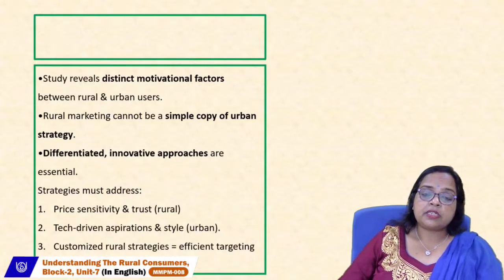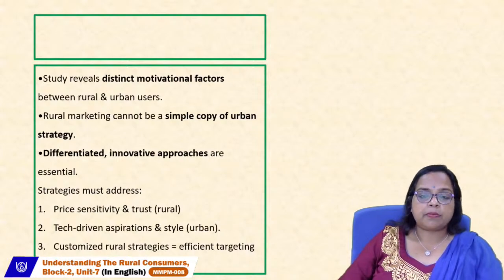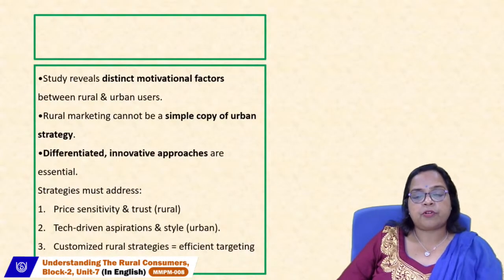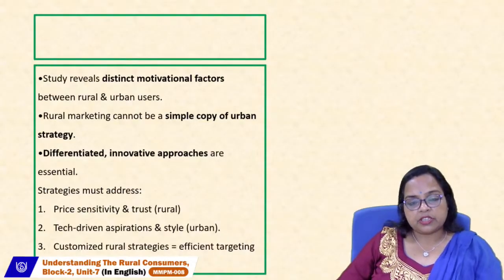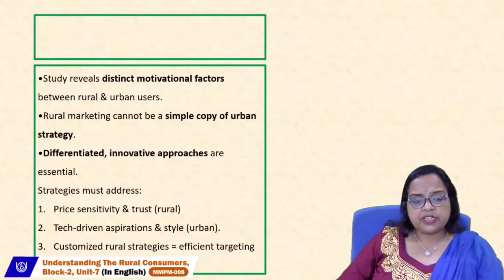If a marketer does that intentionally, the marketer cannot earn profit. The marketer cannot even think of selling their product with the same urban marketing strategy to rural people. So differentiated, innovative approaches are essential.